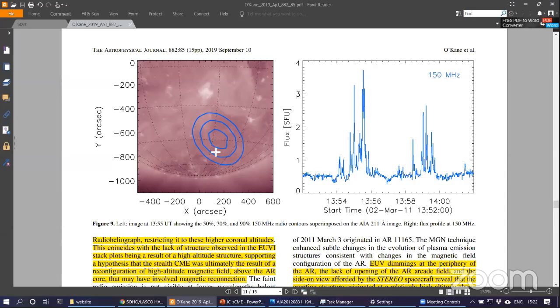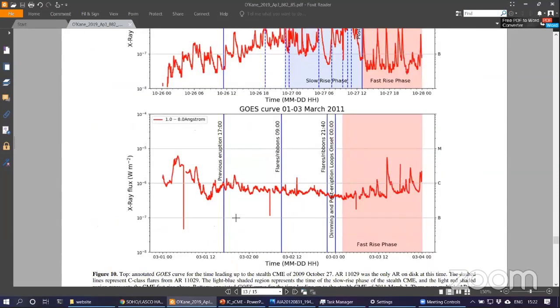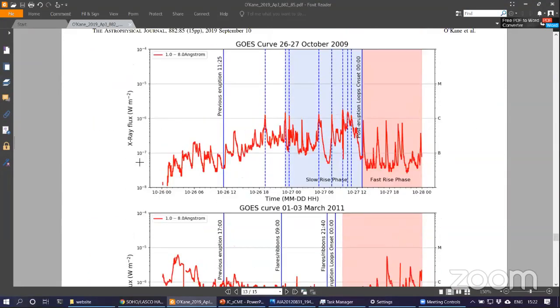Are there any other flaring phenomena which can be confused with these stealth CMEs? No, actually, they are two different things. For the flaring which we generally see, the energy output is, I will show you this plot, the minimum which we can detect is 10 to the power minus 7 watts per meter squared in X-ray.